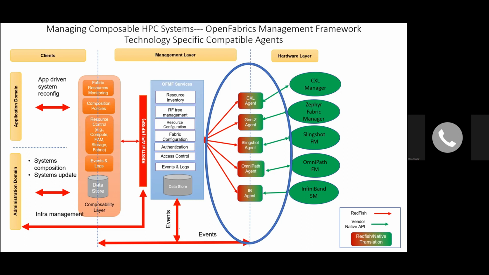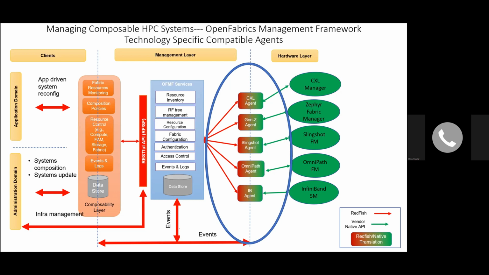These agents are designed to translate Redfish operations that the OFMF needs to control stuff and also gather information from the fabrics on the right side. And these Redfish operations are common features, and they allow the vendors to hide their secret sauce and special features from the composable system, and then they expose the common features they want to provide.